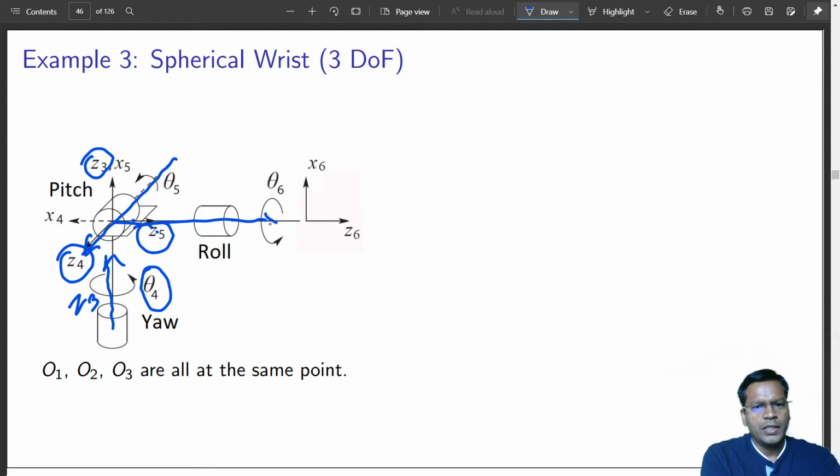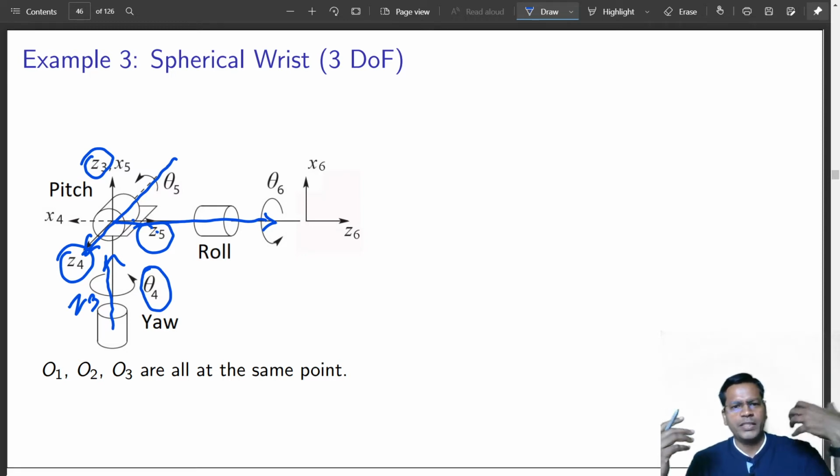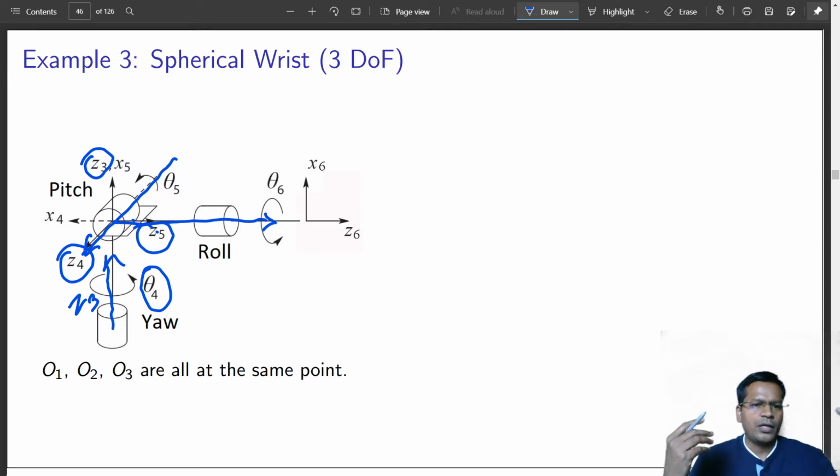So you have 3 mutually perpendicular axes which can take you to any orientation in space. If you can rotate about any of these axes, theta 4, theta 5 and theta 6, these 3 rotations are there only to do orientation, not for locating things.